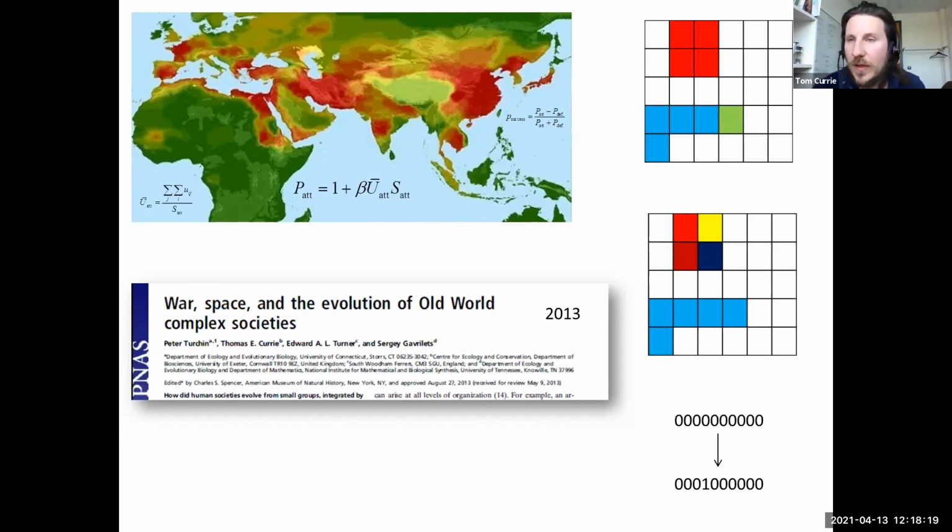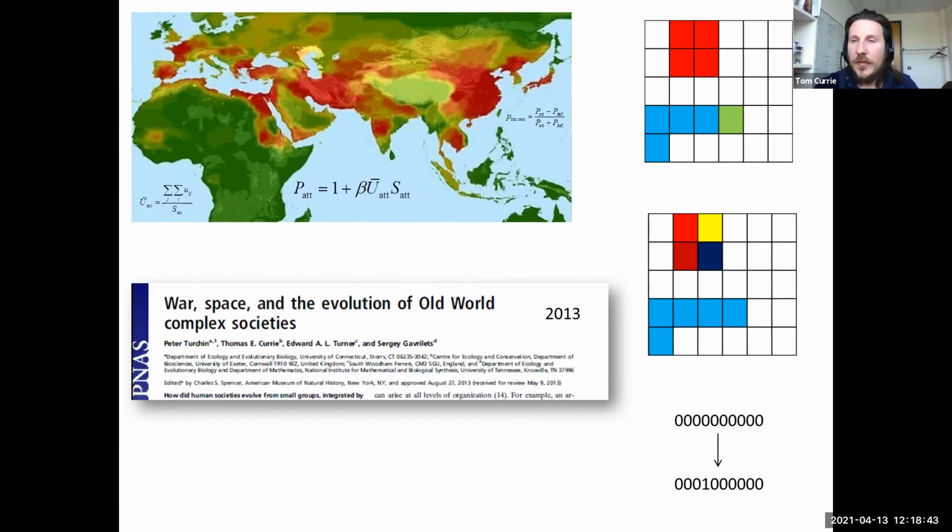We also allowed for these polities to break apart. And we modeled the role that institutions might play in this process. The string of zeros at the bottom represents an abstract series of the presence or absence of different institutions, different traits that these societies might have.